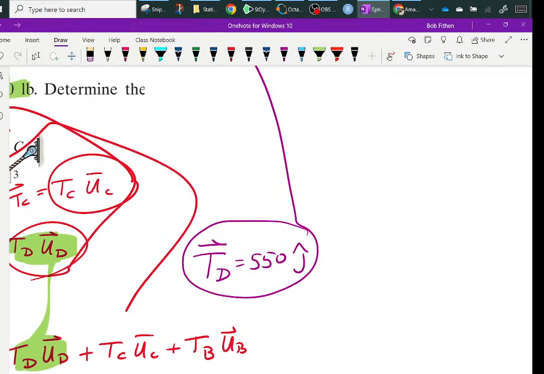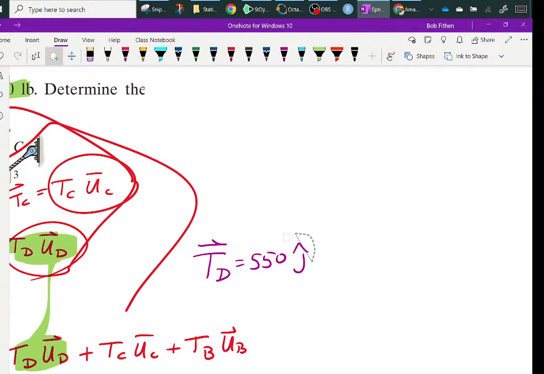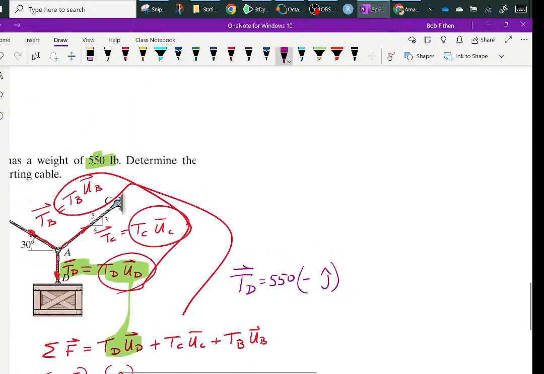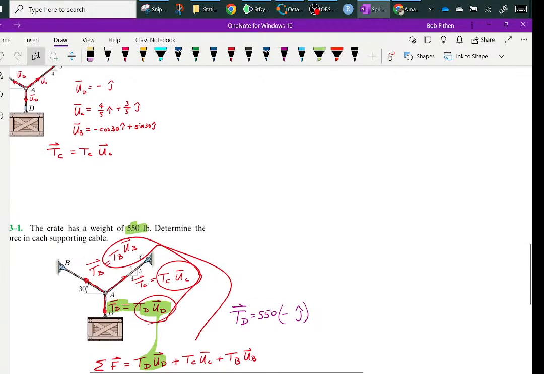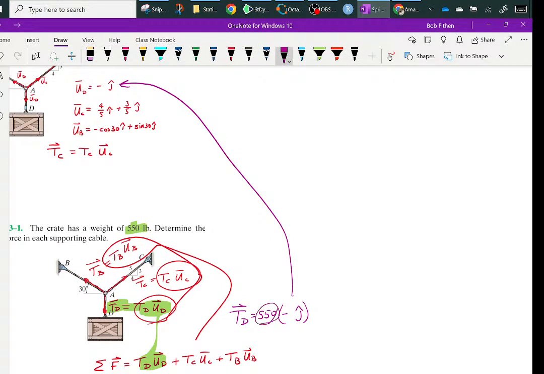And I'm going to do it this way. I'm going to put the minus sign right here. And why? Because the minus sign actually gets attached to that. And this is just the magnitude for 550. Is it 550? Yeah, it's 550.